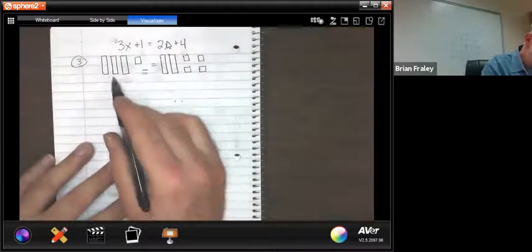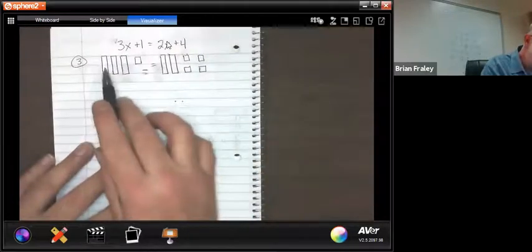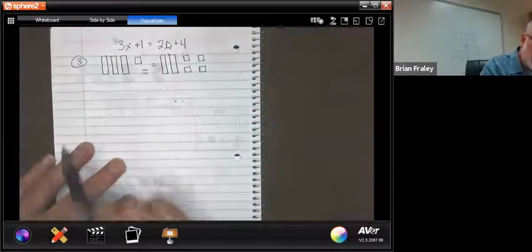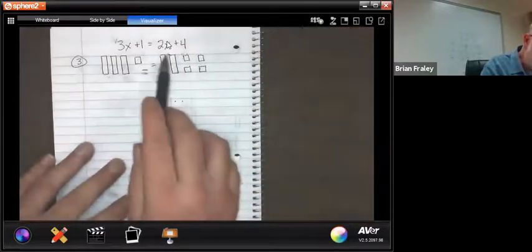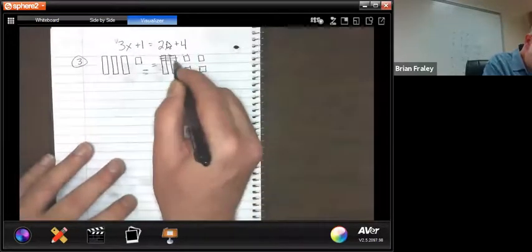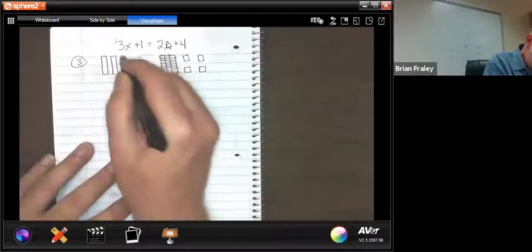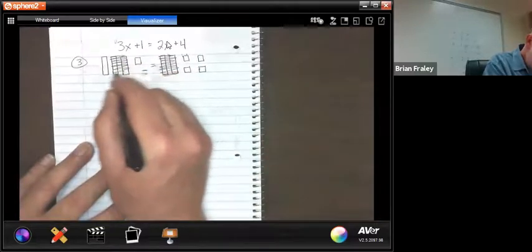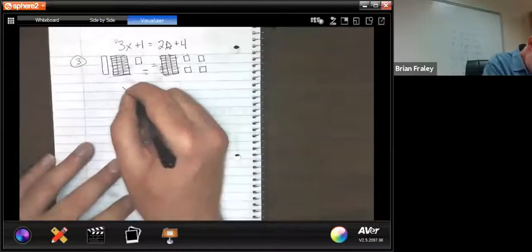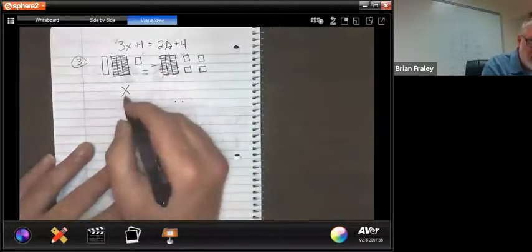So the difference is they've got x's in common and they have singles in common. Let's do our x's first. How many x's do both sides have in common? Well, they've got 2. So when I cross out 2 x's here and 2 x's here, now I've got 1 x, or just x. 1 x and x is the same thing.